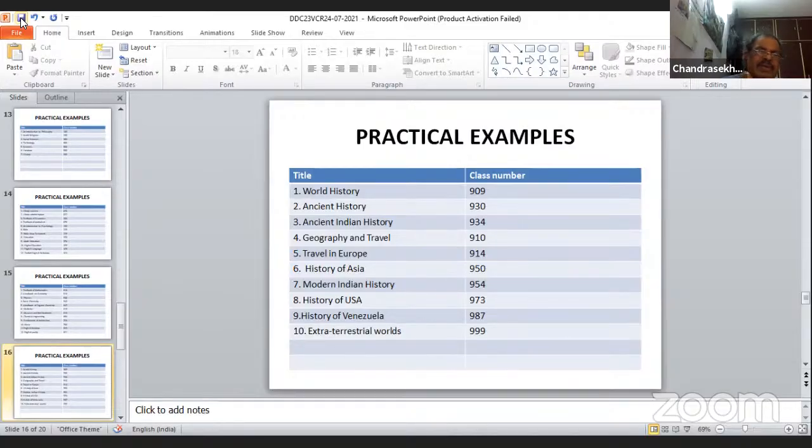South Asia is India, the southern part of Asia. So you can see under the third summary, 934 India, history of South Asia. And geography and travel.